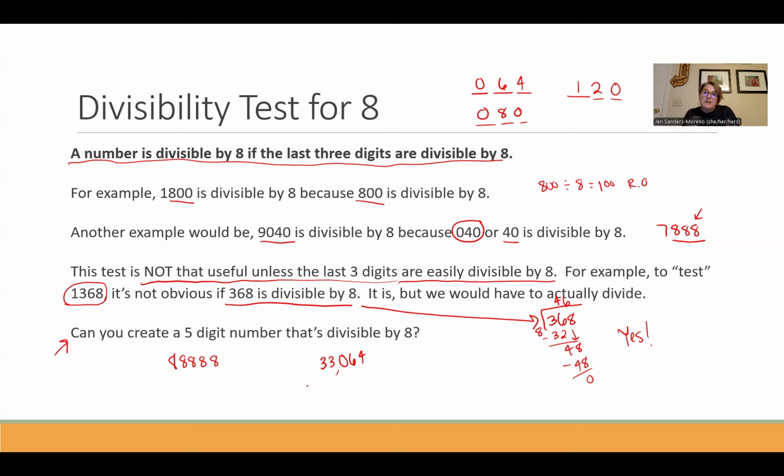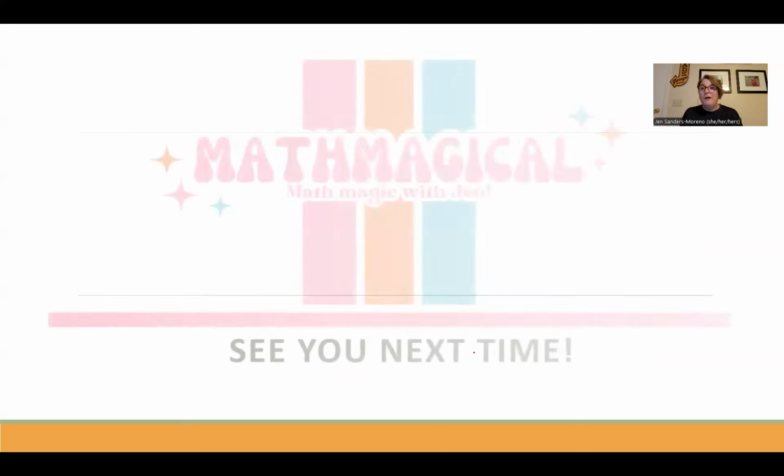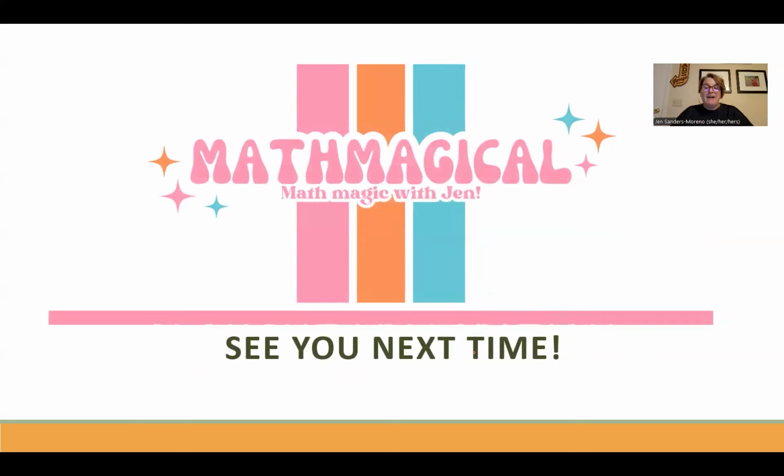So I'm just saying you could technically make up any numbers you want for the first 2 digits as long as the last three are something that is divisible by 8.